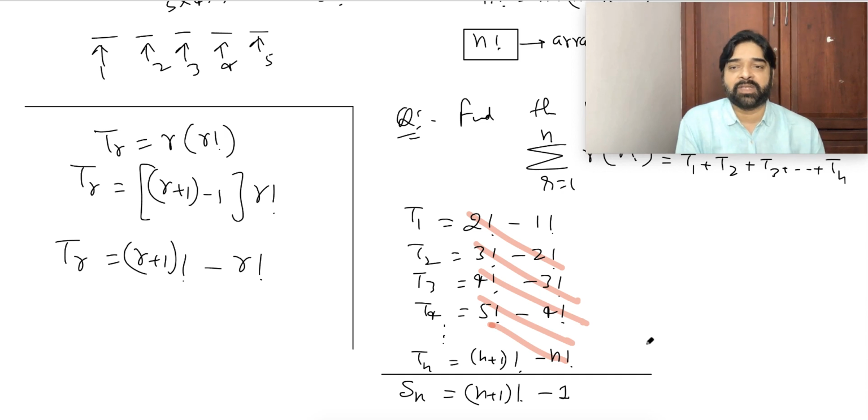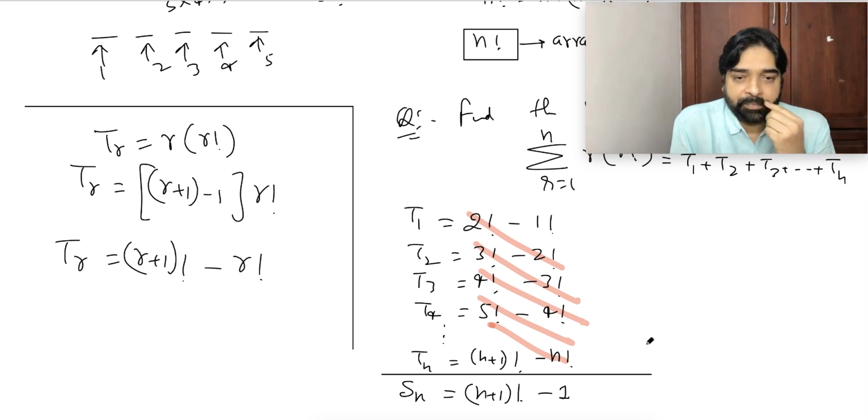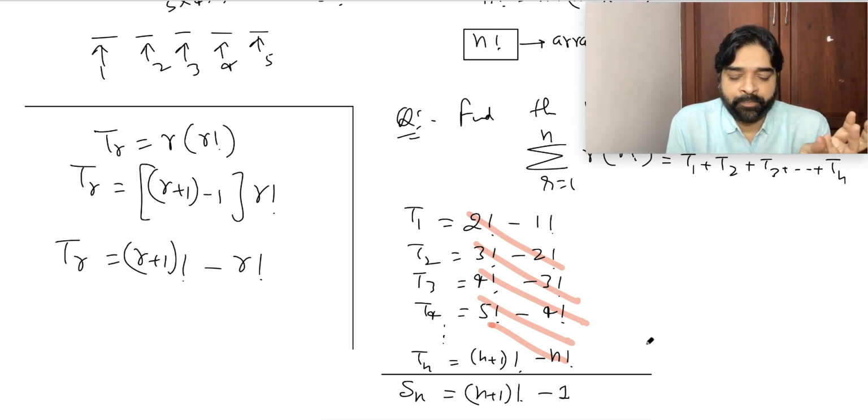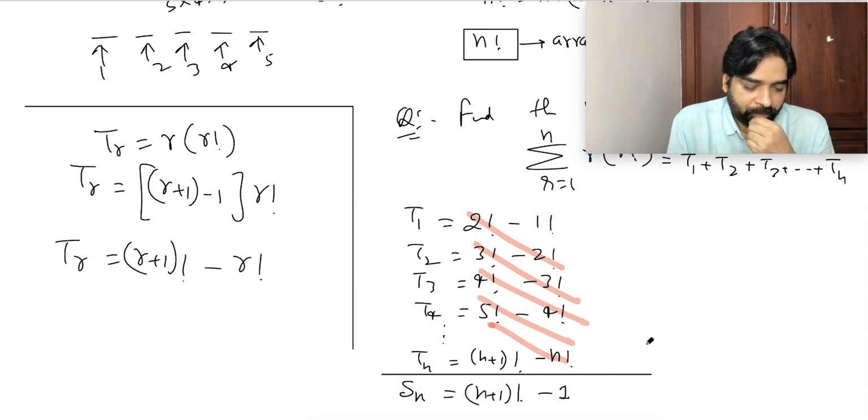This is called the difference method of summation. Is it clear? Can I go ahead?